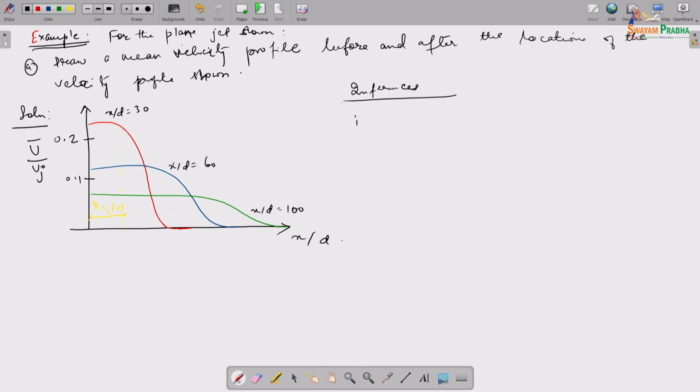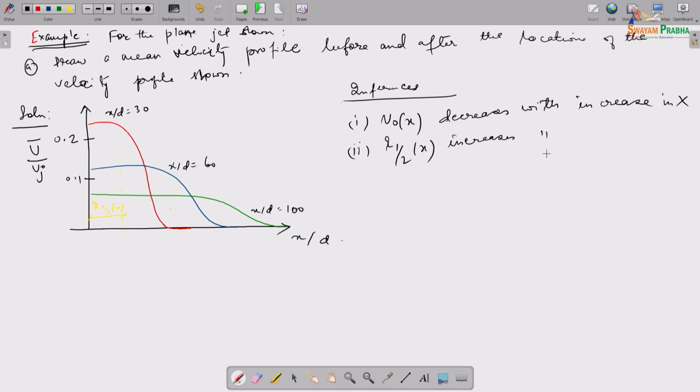So number one inference is that u naught decreases with increase in x, right, and r half of x actually increases with increase in x.